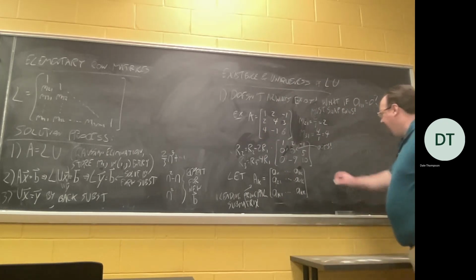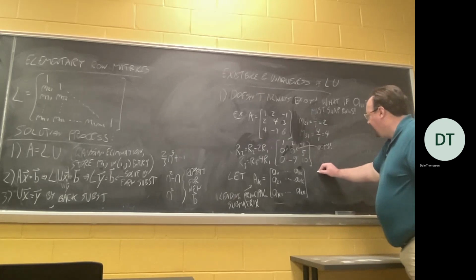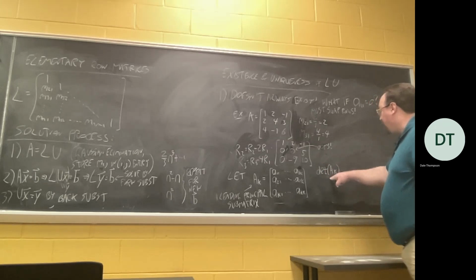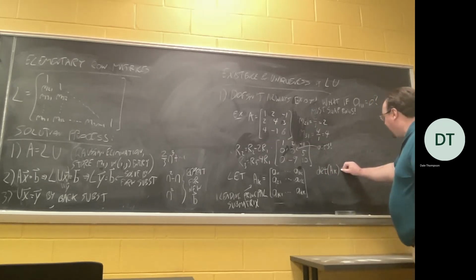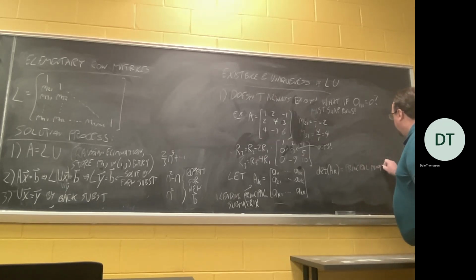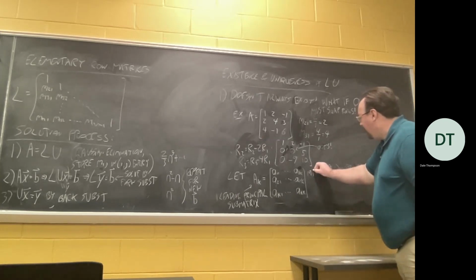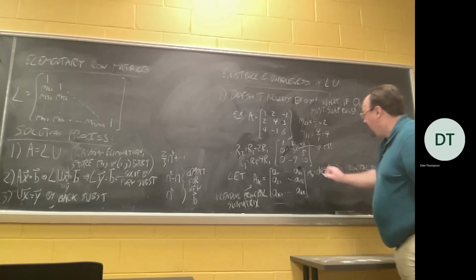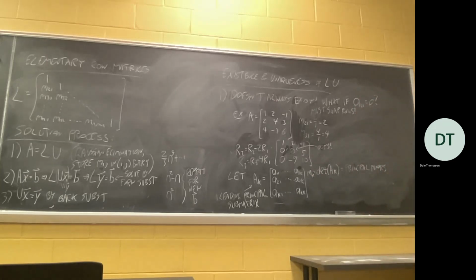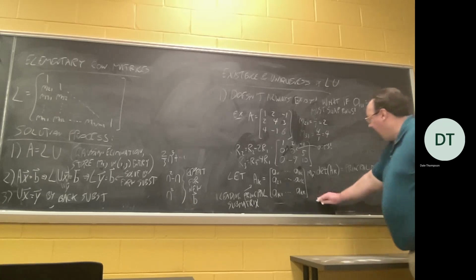And then I could define the determinant of these leading principal submatrices. They're called principal minors. I'll just call this M_k for convenience.